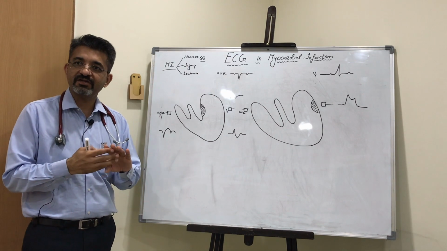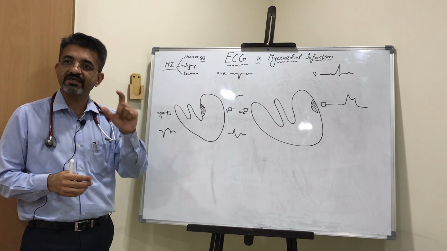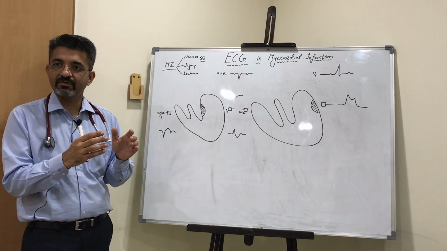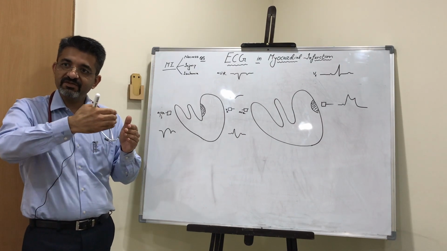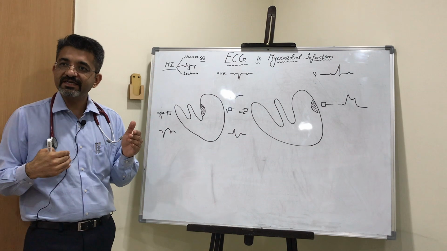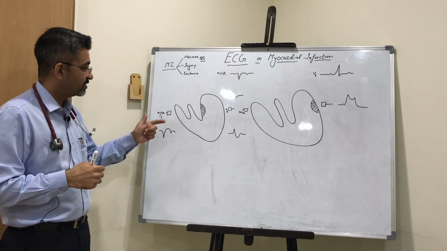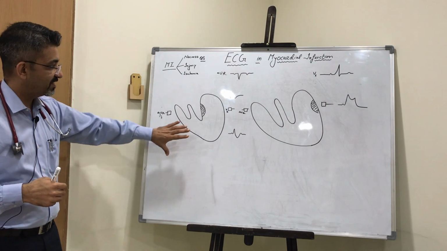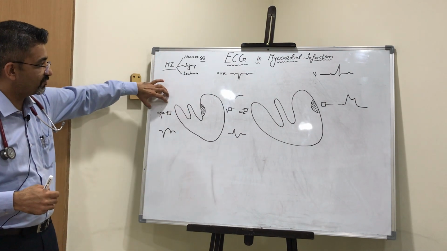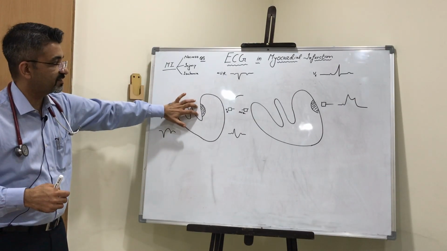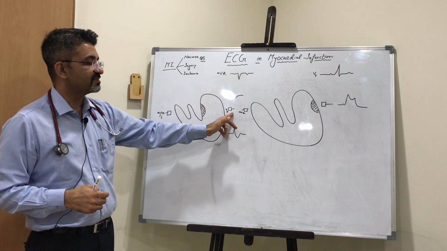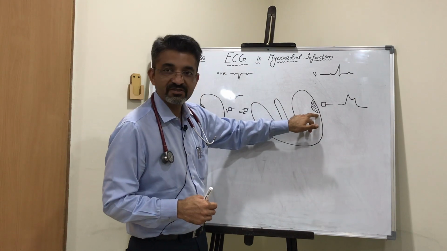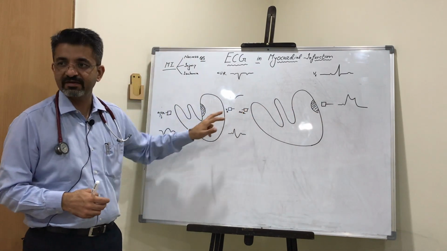In myocardial infarction, ST elevation is of some significance. It is indicative of infarction going on. But in a lead which is 180 degrees opposite to that lead, you will always find a reciprocal change, right? So when I talk of this, I will talk of subendocardial infarction here and a reciprocal change in V6. When I am talking of this, I will talk of subepicardial infarction with a reciprocal change in AVR.